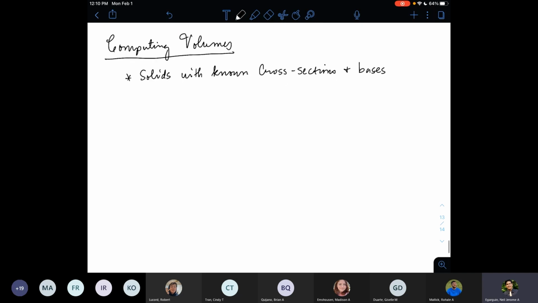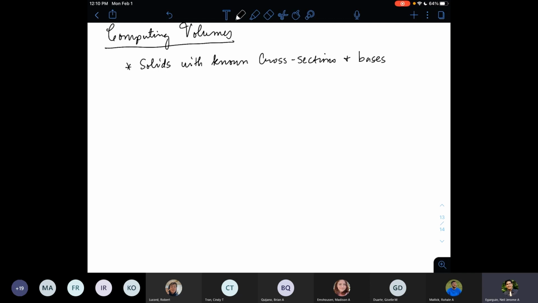So the idea here is you will be given two pieces of information about the solid that you want to compute the volume of. You will be given how the base looks like first. So I suggest you draw at least a rough picture of how the base looks like.